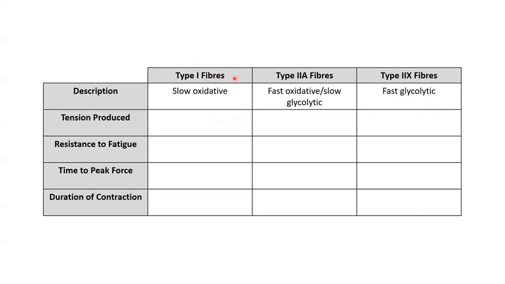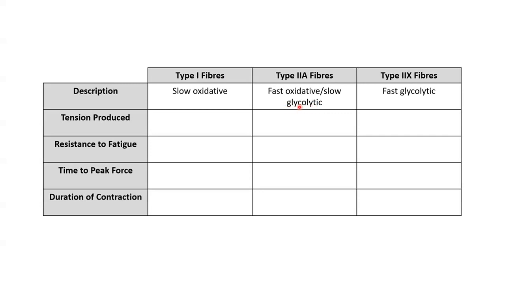Our type 1 fibres are considered slow oxidative fibres. These fibres contract relatively slowly, and they use aerobic respiration, which we're going to talk about in the next learning objective, but they require oxygen to contract. Our type 2A fibres contract quickly, and they primarily use aerobic respiration, but they can also switch to anaerobic respiration, also called glycolysis.